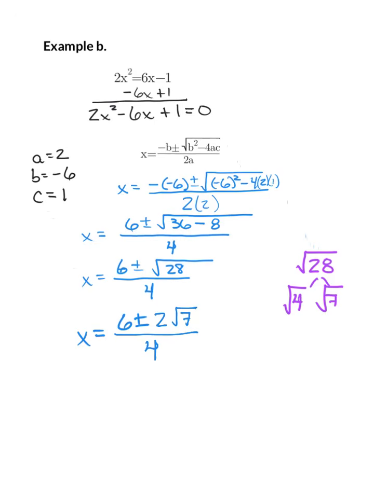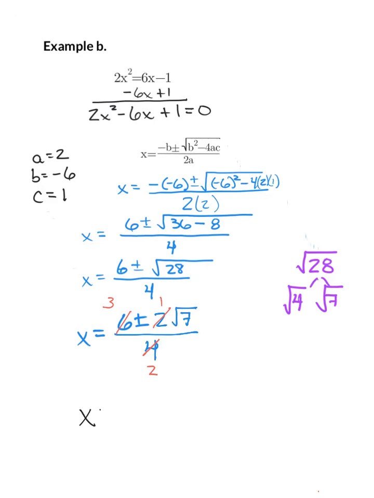You can either factor out a 2 from the numerator, or if you want, you can just divide each term by 2. 6, if we divide by 2, we get 3. 2 square root of 7, if we divide by 2, we get 1. And 4 divided by 2 is 2.